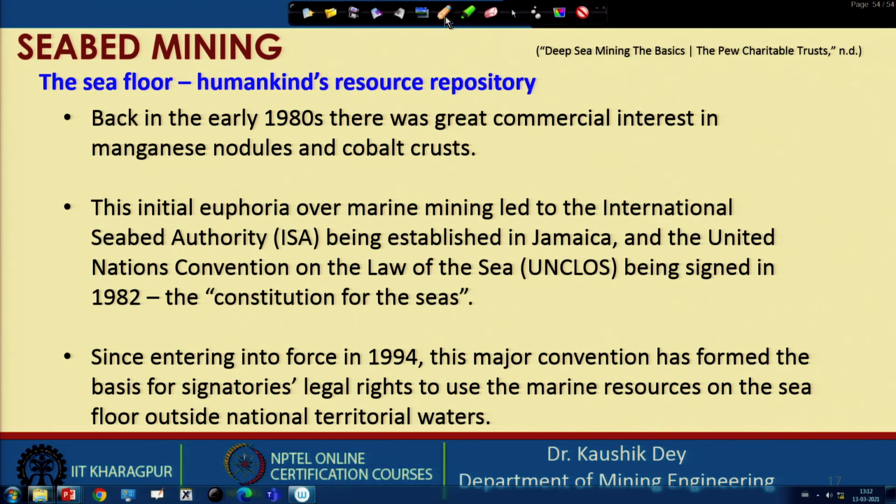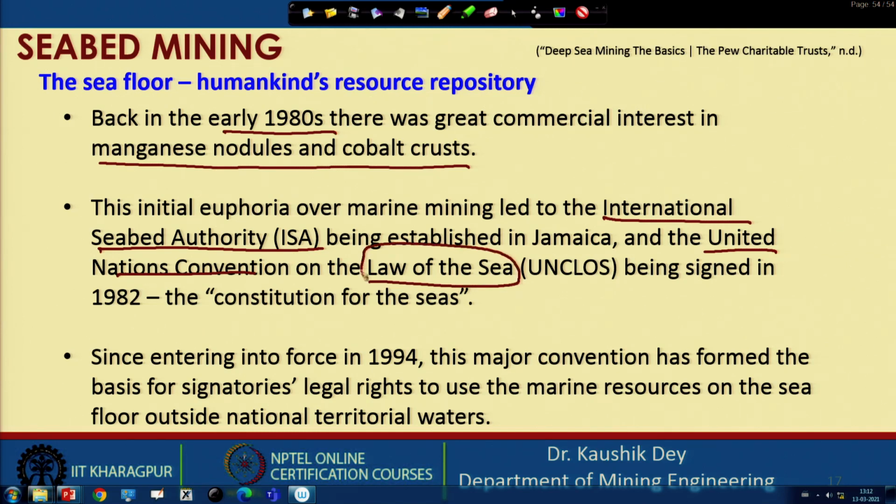So, in the early 1980s, efforts were made for the excavation of the manganese nodules etc., and the International Seabed Authority was established by the United Nations, and the United Nations established the Law of the Sea in 1982, based on which this International Seabed Authority is basically working.